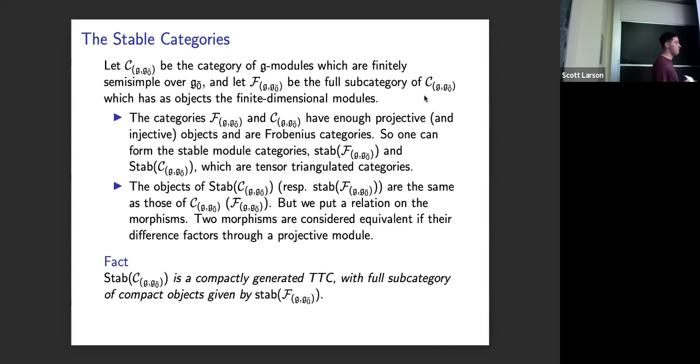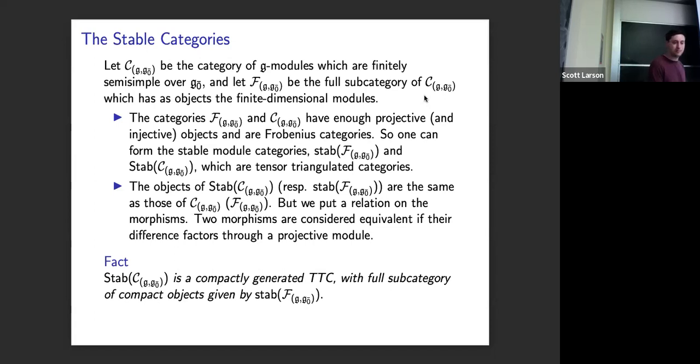This has the effect of killing all the projectives, making them zero. This big stable category is a compactly generated tensor triangulated category, and the full subcategory of compact objects is the little stable module category on F(G,G0).